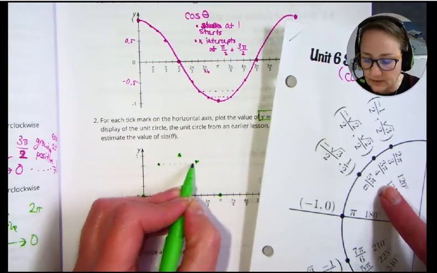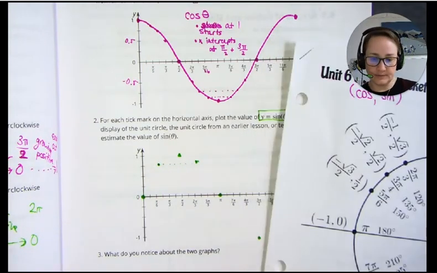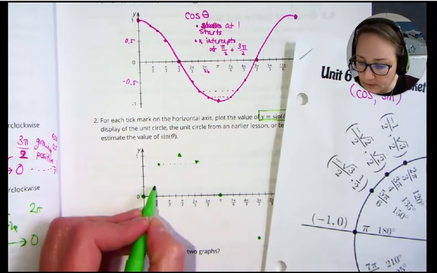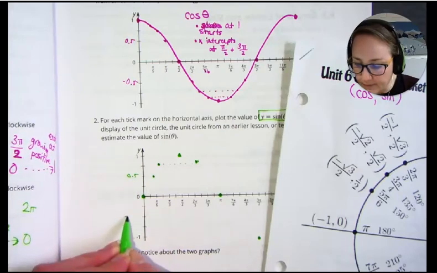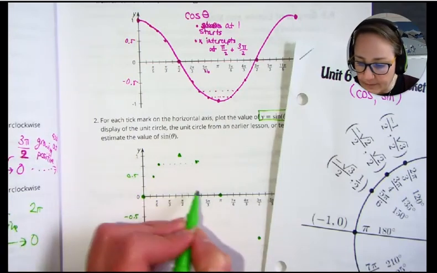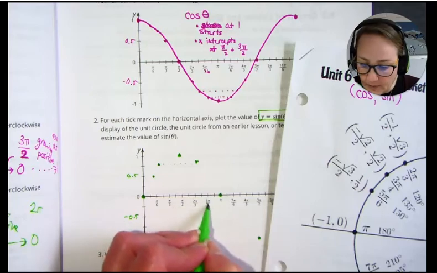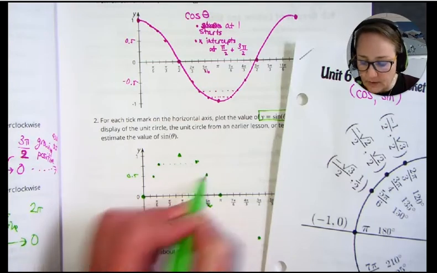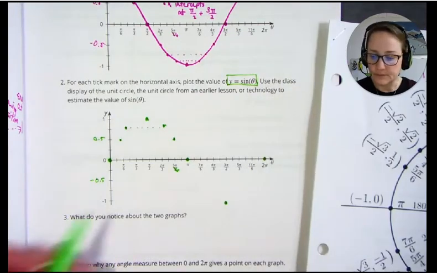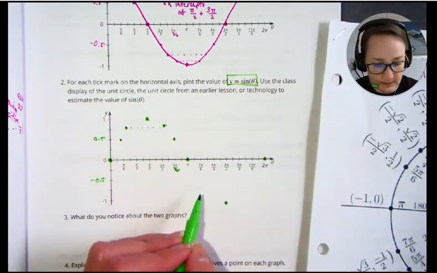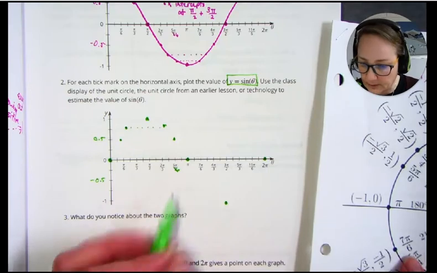Remember, those are those ones that are reflecting right across. Pi over 6, we're at half. 5 pi over 6, we're also at half. You're probably seeing a new pattern developing.